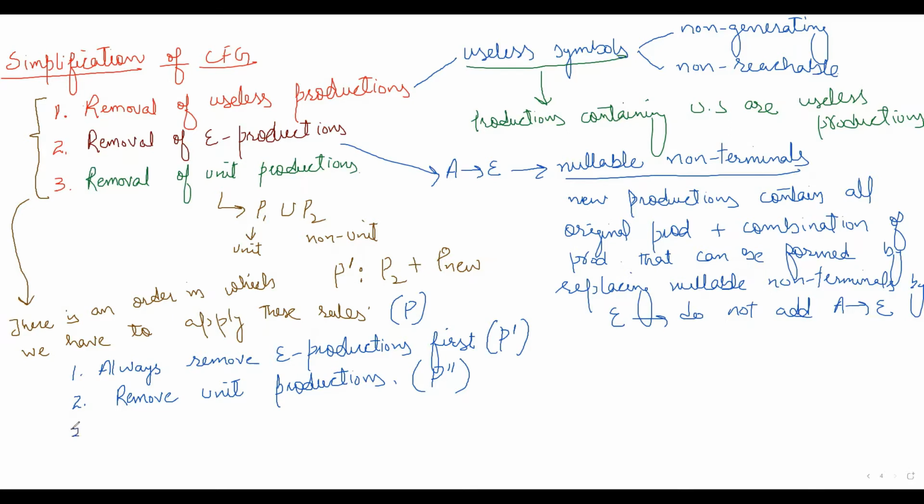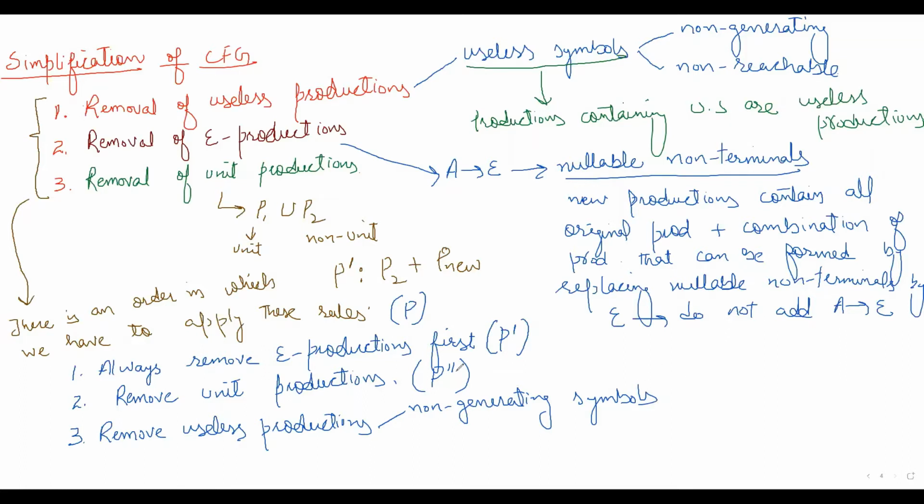Then the third is remove useless productions. So useless production is from this P double dash. In removing useless productions, you have to first find non-generating symbols and remove those productions that contain non-generating symbols.